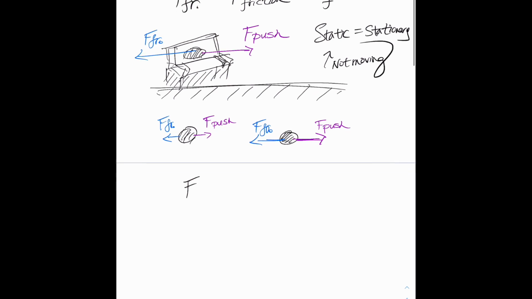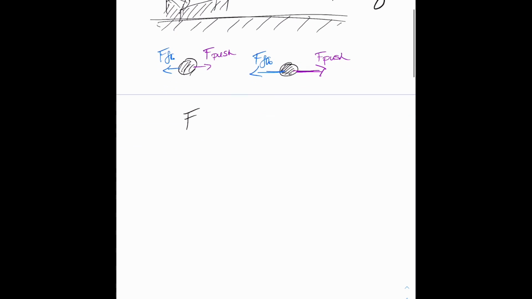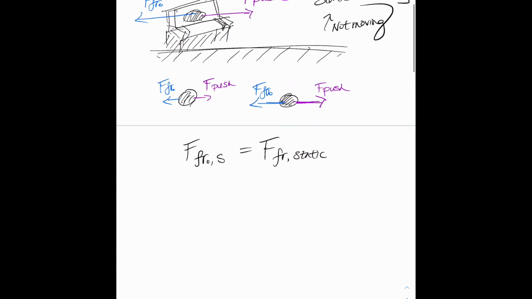So when we have friction that is static, we'll call it force friction, comma, S. And this just means force friction static. And what we see is that this matches up.